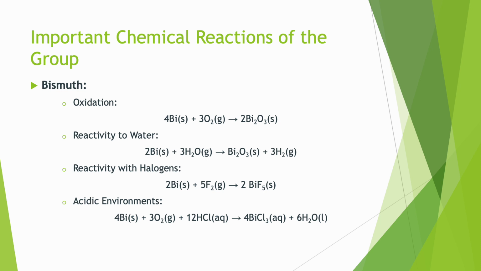When reacted with halogens, for example fluorine, it forms bismuth pentafluoride. It can also react with chlorine, bromine, and iodine to form the respective trihalides. Additionally, when reacted with acids such as sulfuric acid or nitric acid, it produces bismuth(III) chloride.